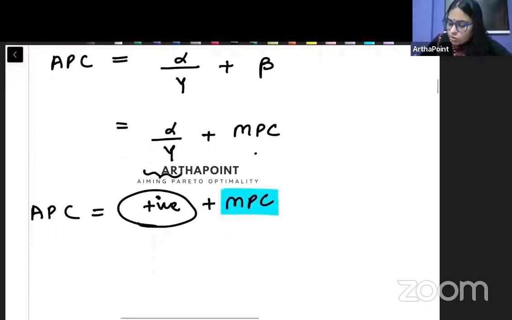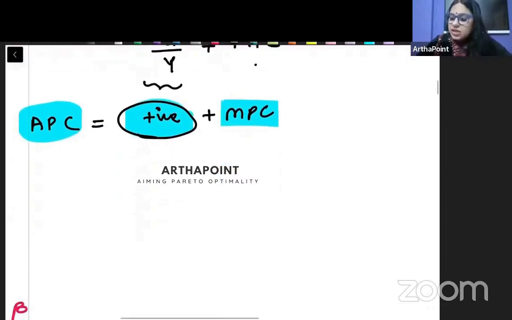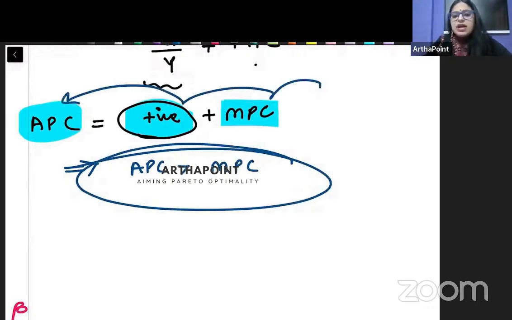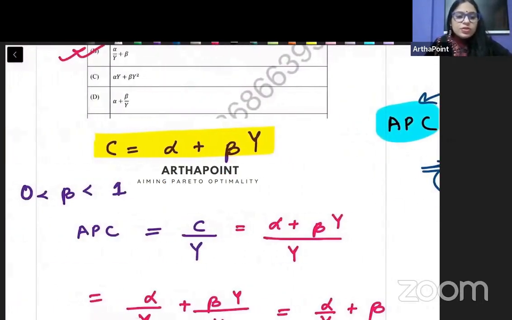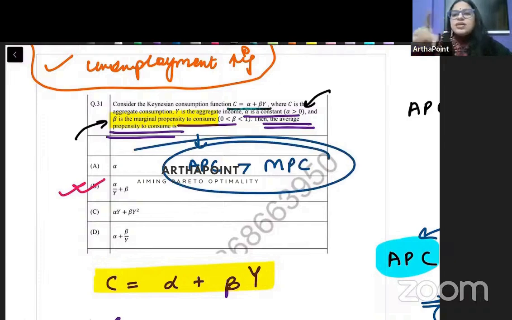When you add something to MPC, जब आप MPC में कुछ नंबर को add करते हो, then you get APC. तो यहीं से हमारा एक और रिजल्ट आ गया that APC is more than MPC. जब हमने MPC में कुछ add किया तब APC मिला, तो APC तो MPC से ज्यादा हो गया ना. So this is another result, and therefore we can say that the correct answer, if ever in some exam they ask for the result, you can always say that in the Keynes consumption function APC will be more than MPC. Another important result.